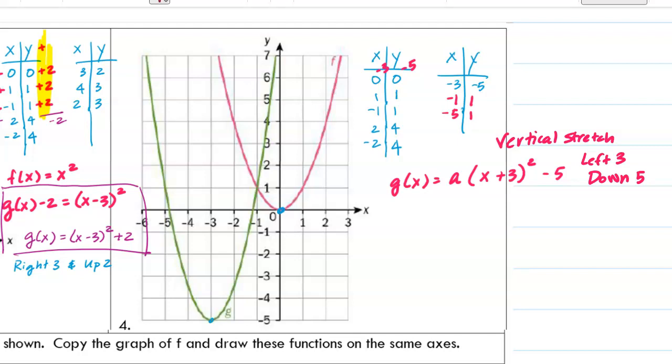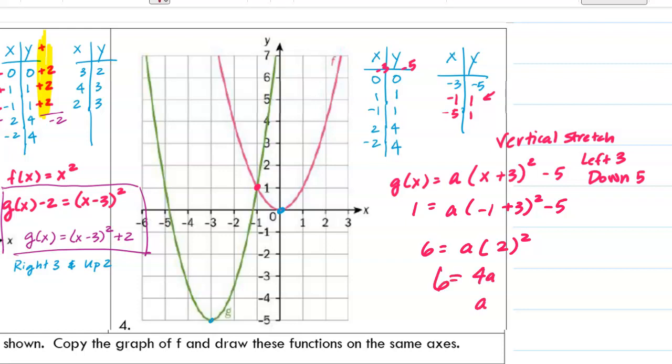To find the a value, we could use one of the points. We can use -1, 1 if I wanted to. -1 + 3 squared, -5, and that becomes 6 equals a times 2 squared, and then that becomes 4a equals 6, and a equals 3/2.